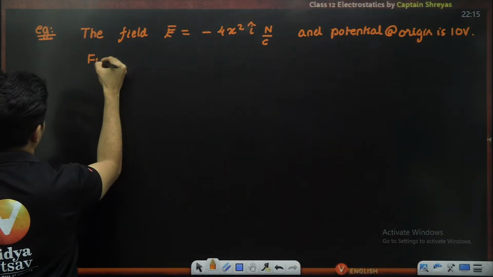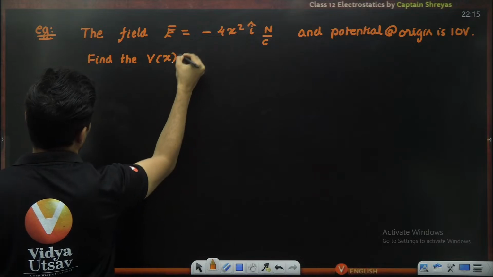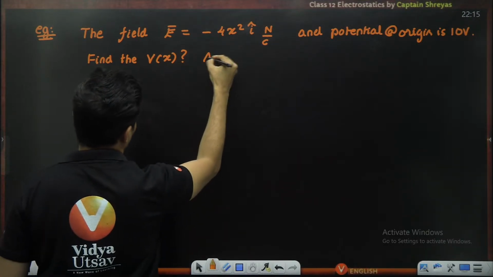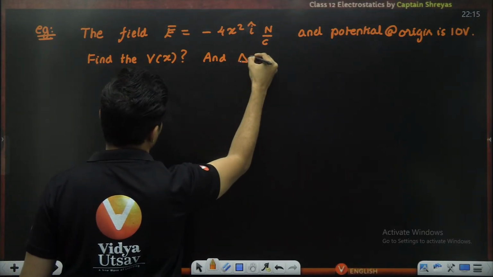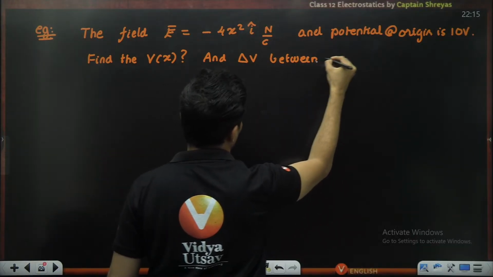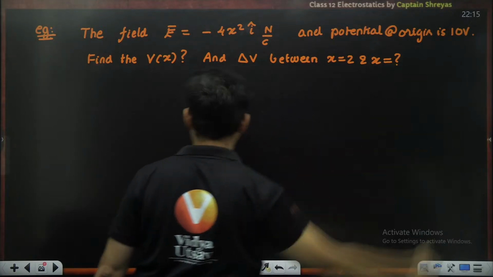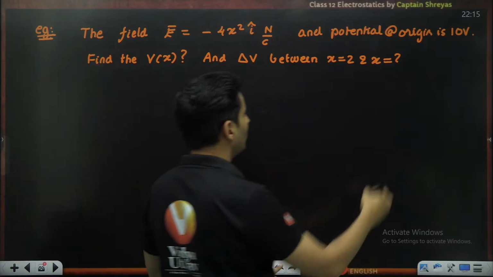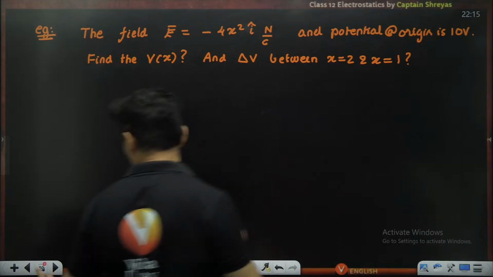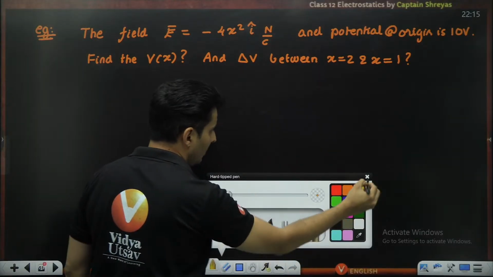The question is, find the potential as a function of x and the potential difference between x equals 2 and x equals 1. This kind of question is also very common in JEE. So let's try to solve this.